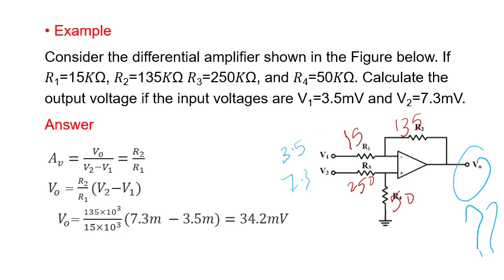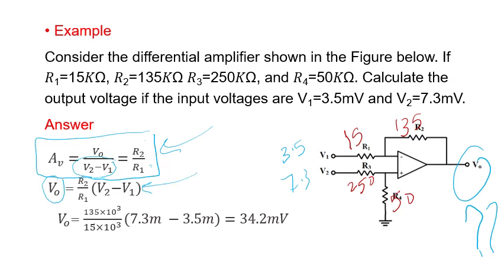Okay, so we have the formula which gives us the gain. The gain is equal to Vout over Vin. We said Vin is the difference between the two voltages, which is given as R2 over R1. So from this formula, we can rearrange it to write Vout equal to R2 over R1 multiplied by V2 minus V1.